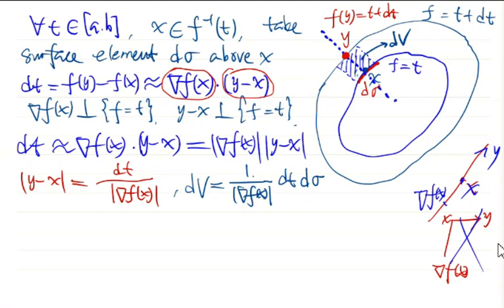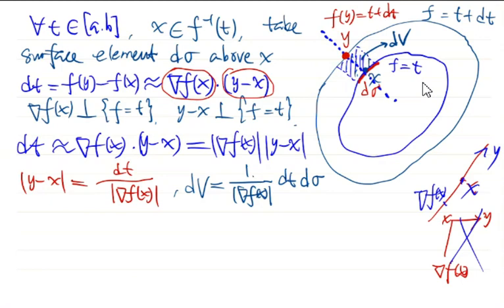So if x changes slightly, the change of density is also very tiny. So we can use the density at any point in this region. In particular, we use x to represent the density at every point in this area. That is, we might assume that in this small piece of region, the density is a constant, which is g(x), the density at the point x.